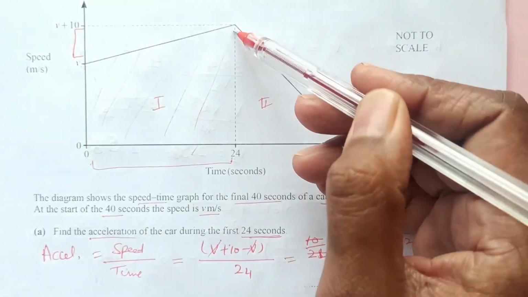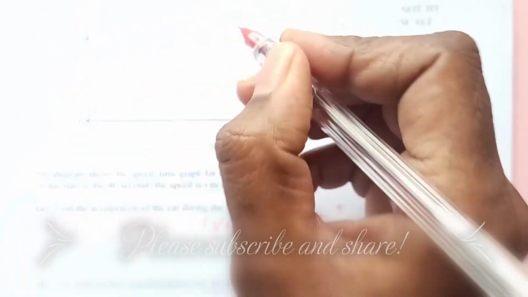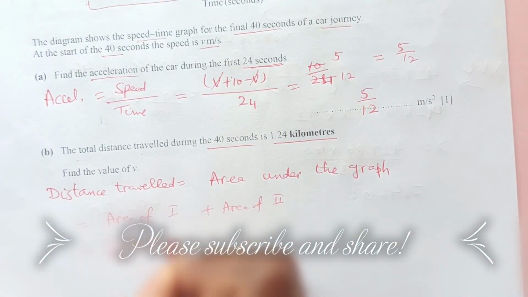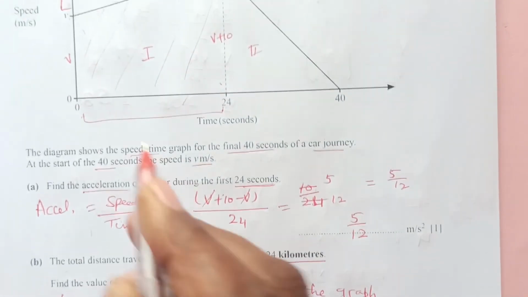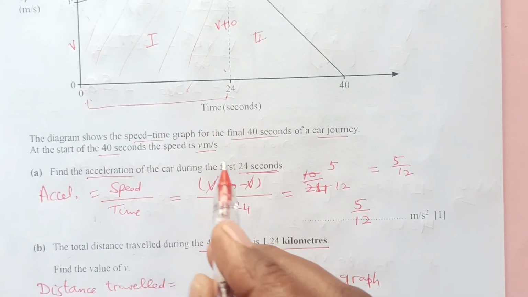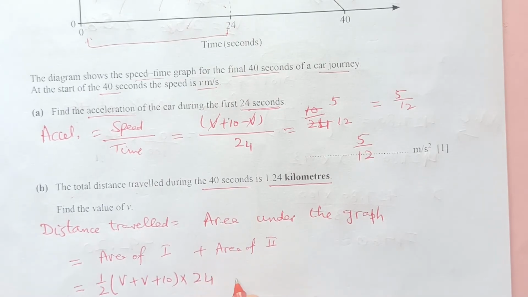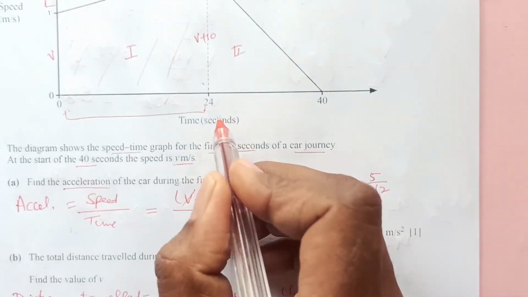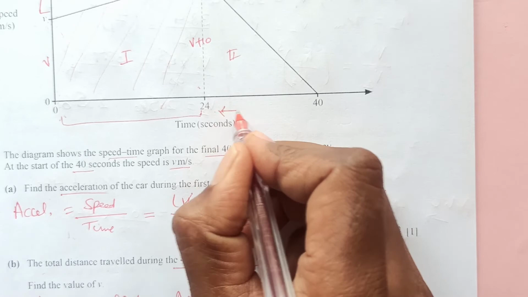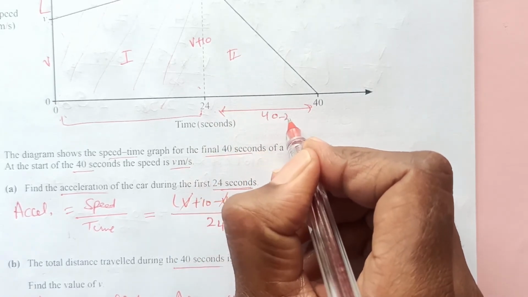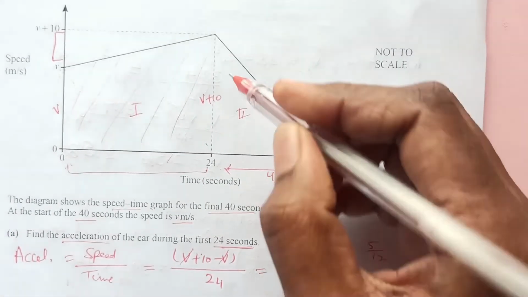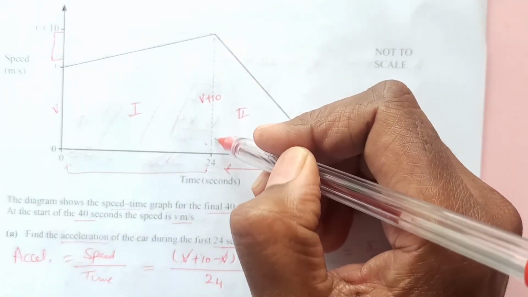This one is v here, this is v plus 10, so v plus v plus 10, times the height, which is 24, right? Plus the area of the triangle, half times base times height. The base is 40 minus 24, which is 16, and the height is v plus 10.